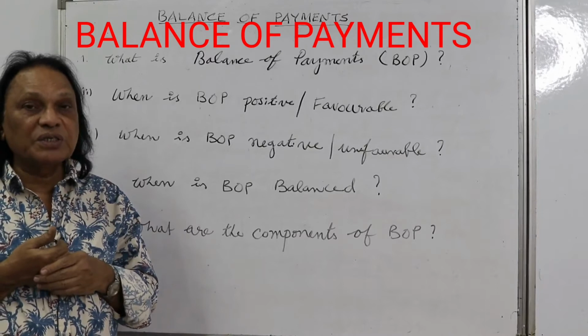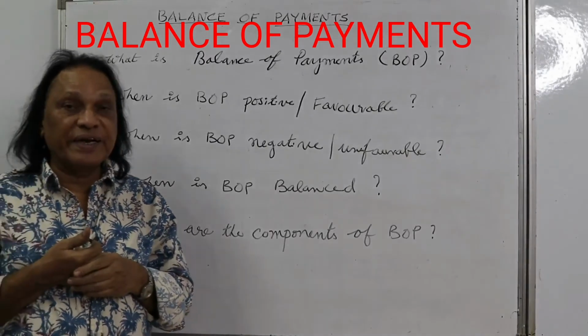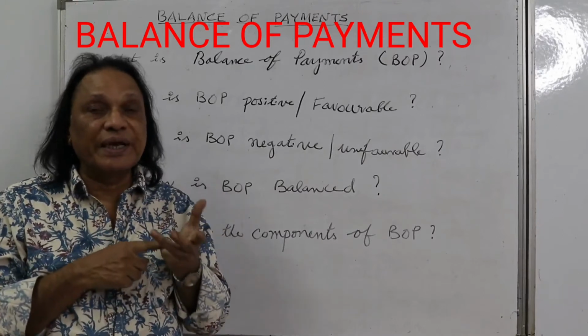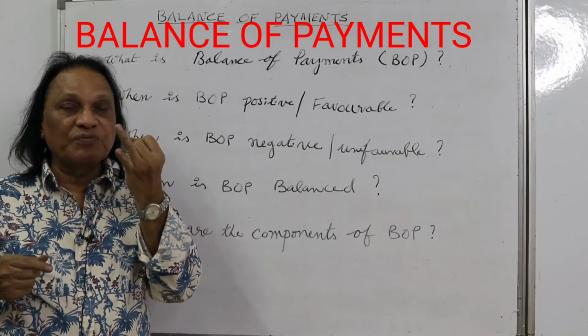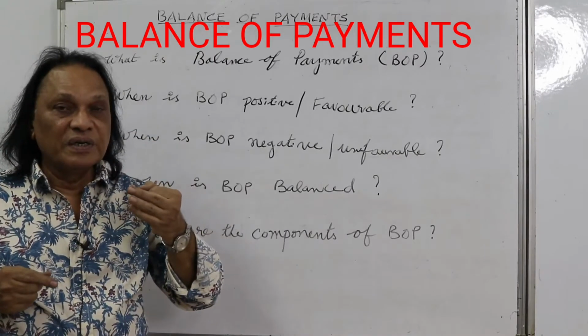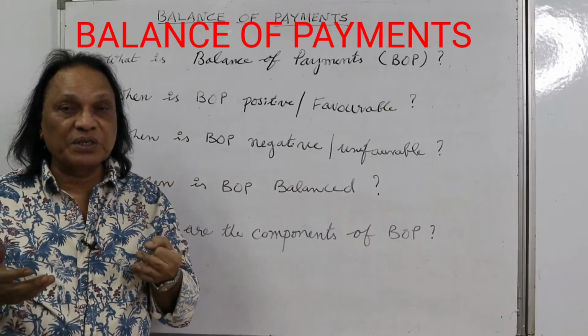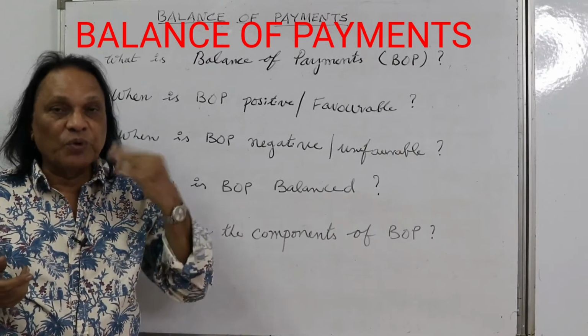Balance of payments is a broader term. It's a bigger term than balance of trade. It includes exports of goods, imports of goods, exports of services. The services can be shipping services, banking services, insurance services, and import of services.